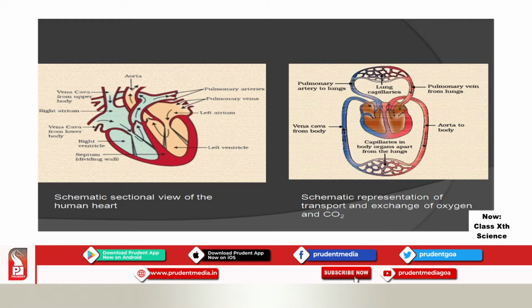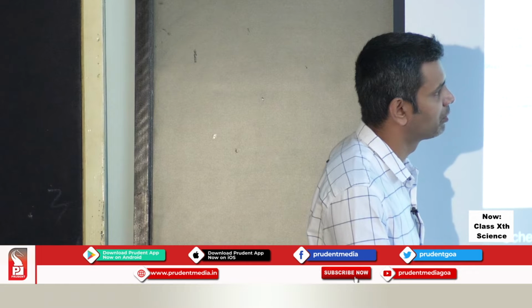Now, let us look at the schematic representation of transport and exchange of oxygen and carbon dioxide. I told you all that ventricles have to pump blood to different organs. That is why ventricles have thick muscular walls, and the blood is passed through this aorta. So, the aorta will carry oxygenated blood to different parts of our body.